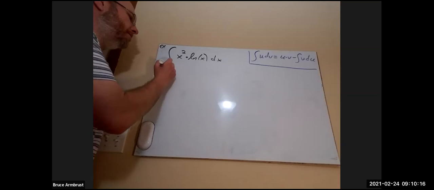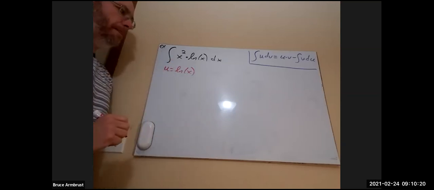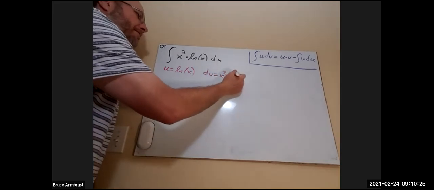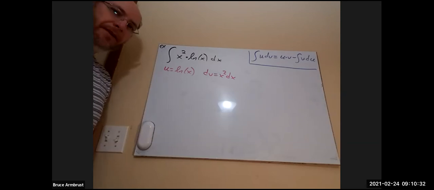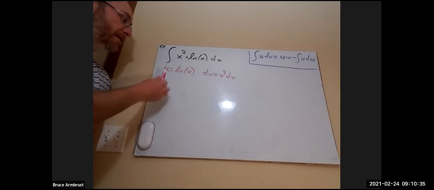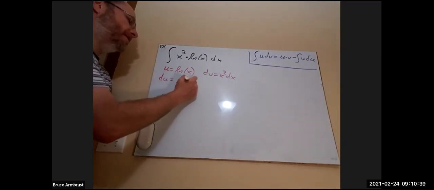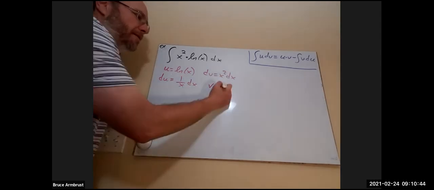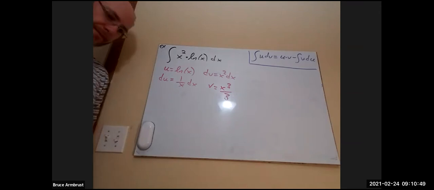So that's what I'm going to let u equal. Then dv is all of the remaining stuff. Okay, so we're going to see if this works. We need the derivative of natural log, which is nice and easy, 1 over x dx. And then v is the integral of x squared, which is x cubed over 3.